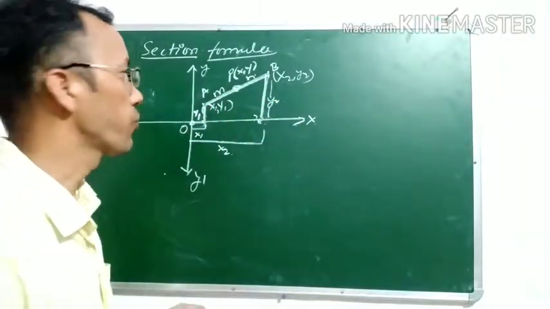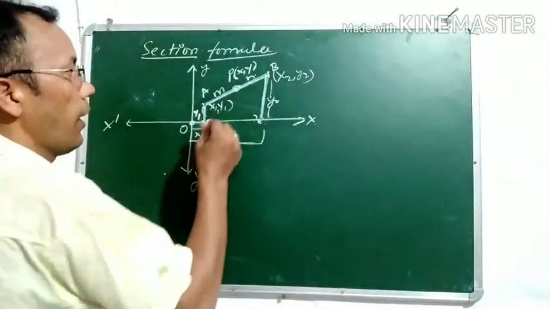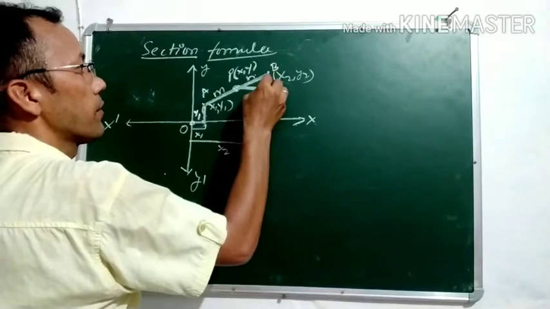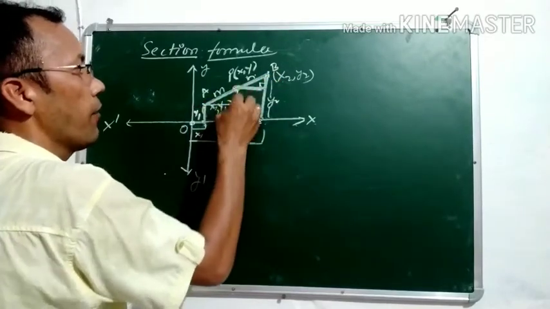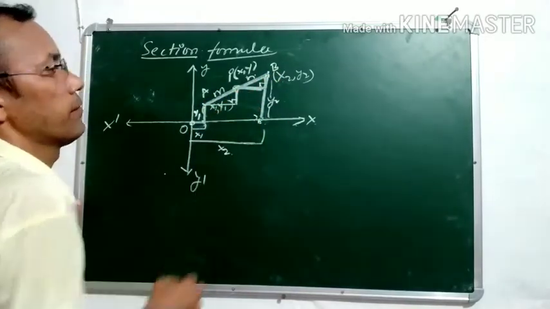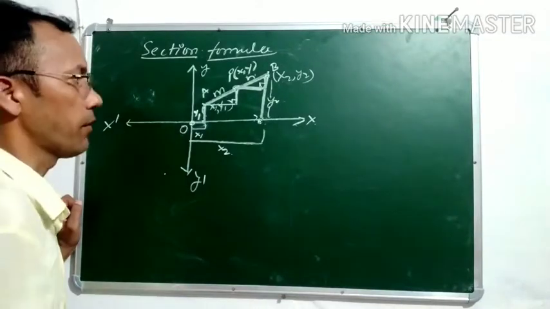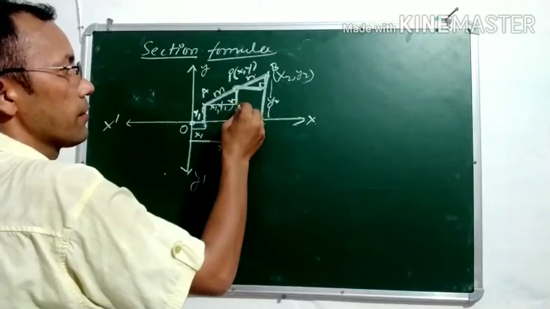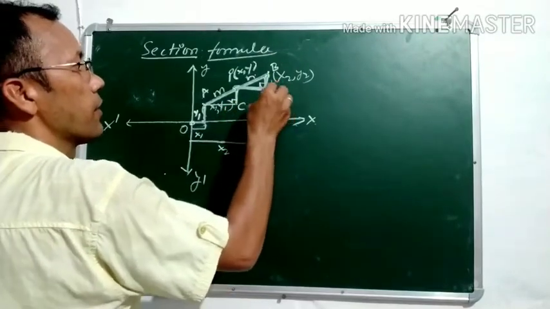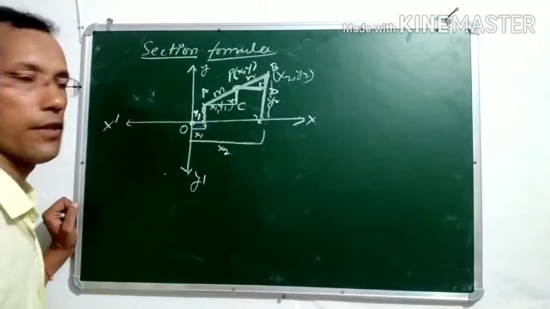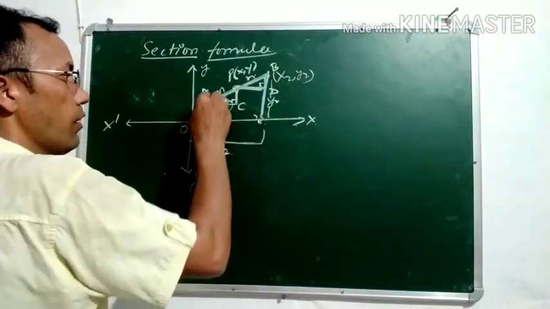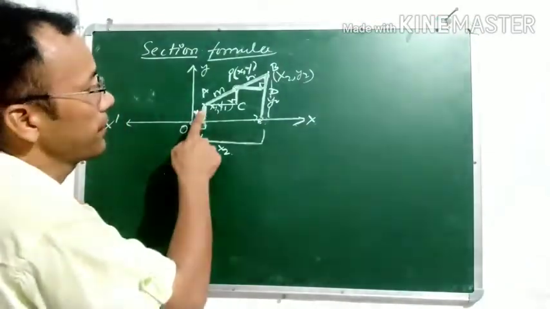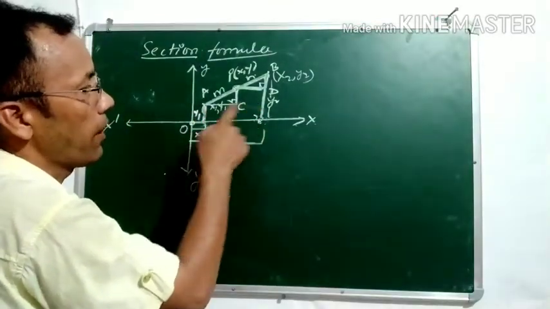So let's check how to solve this. First find this one. This is a triangle, a right angle triangle, and we have another triangle, again a right angle triangle. Let's put the names: this is APB, this is C, and this is D. This one and this one are both vertical lengths, and that means both of the lines are parallel.